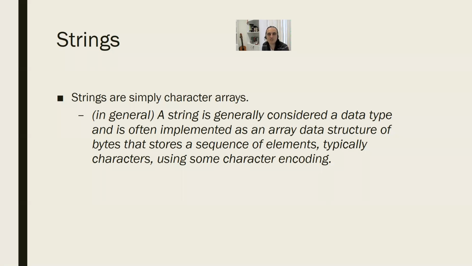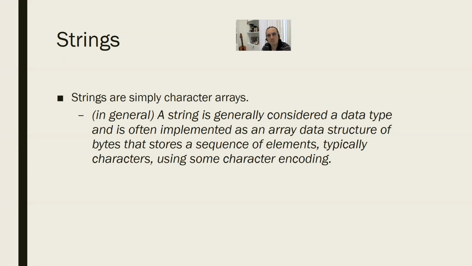In general, a string is considered a data type and is often implemented as an array data structure of bytes that stores a sequence of elements, okay? Typically characters, but not always ASCII characters, because if you want to write a string in Chinese, since Chinese has thousands of characters, you cannot use the ASCII table. There is a kanji table for that. And since that table has to be thousands of characters long, it is not 8 bits, it is 16 bits, or I don't know how many bits, I don't know Chinese.